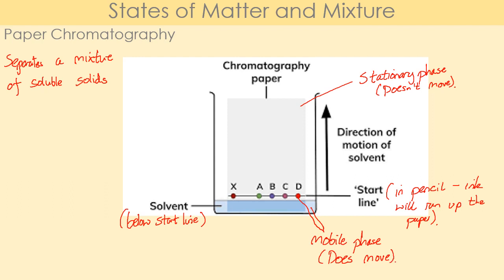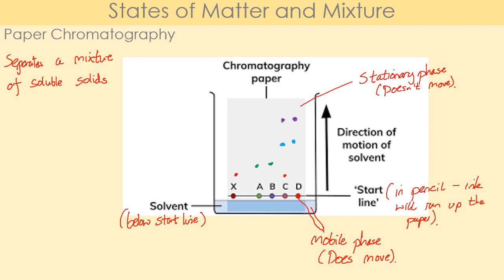Now what we will see is that all of these solutions will move up the page. I'm just going to do different ones on here, so we've got some different colours. We'll do a red one as well.